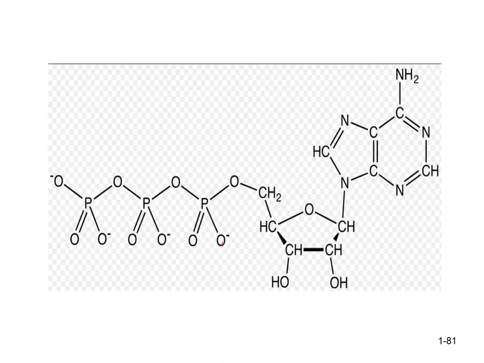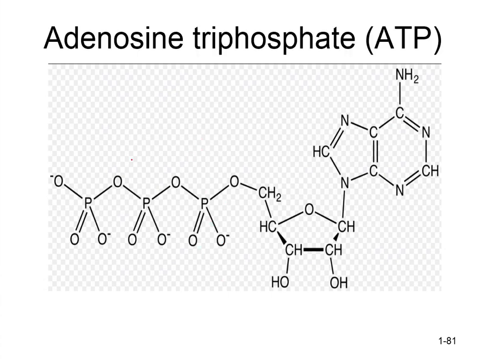So this is how the molecule of ATP looks. You can see the 3 phosphates here. This is the first phosphate. This is the second phosphate. The phosphate comprises the P here and these 4 oxygen atoms.